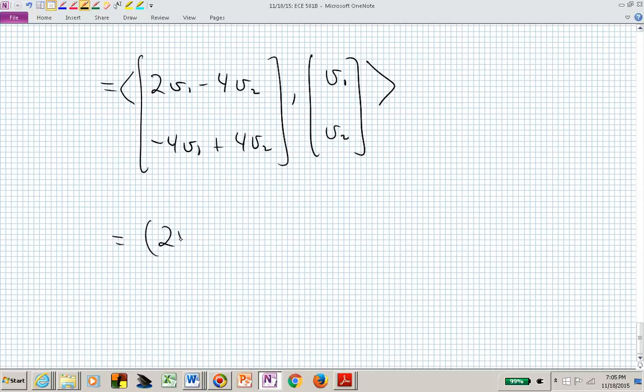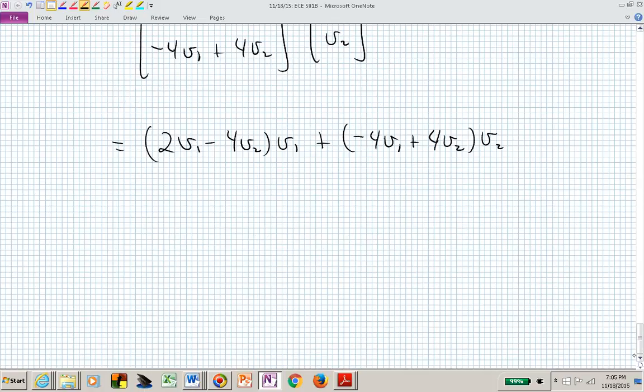Again, taking this component-wise multiplication, so that we now have 2V1 squared minus 4V1 V2 minus 4V1 V2 plus 4V sub 2 squared.